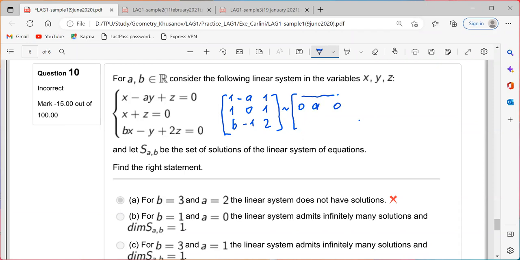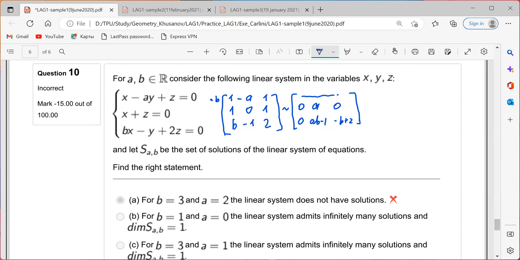Okay. Then we have to multiply the first row by minus B and add it to the third one. So I will obtain 0 here, then AB minus 1 and minus B plus 2.